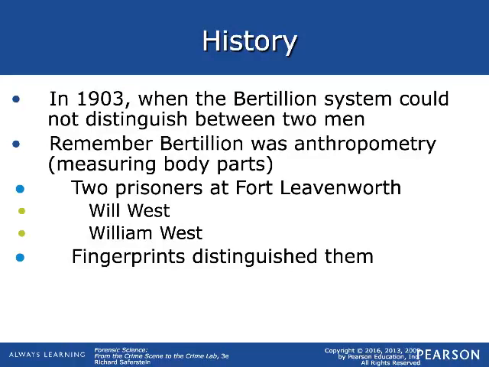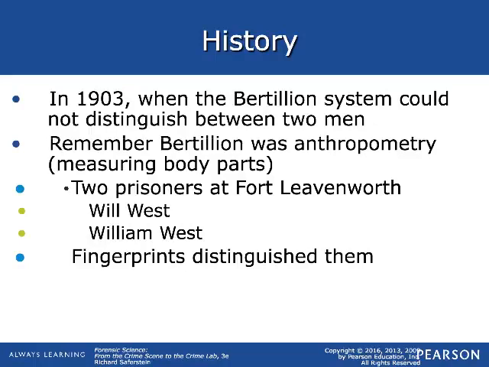But there was the case where there were actually two prisoners at Fort Leavenworth. One person was in prison there, another one was coming into prison there, and they both were named Will or William West. And they looked almost exactly the same, so they looked like twins.